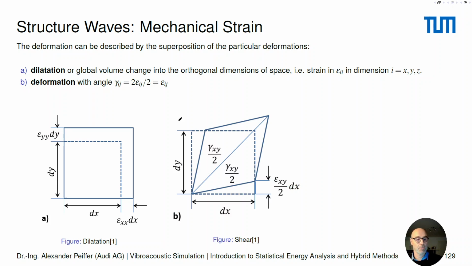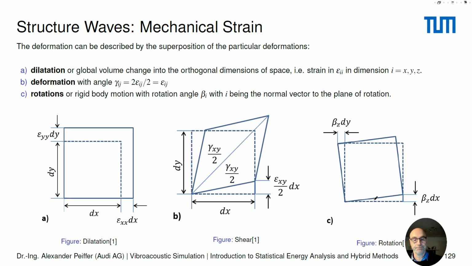The second version is the deformation. That means if you're just pulling on top of this, we will have a change in the shape. No volume change, but just a change in the shape that comes with the angle of the shear strain multiplied by the length. And the final one is no change in shape, but repositioning more or less, that's rotation.